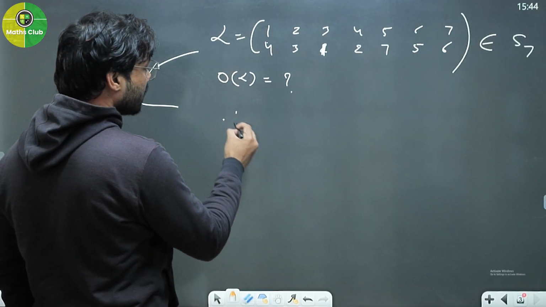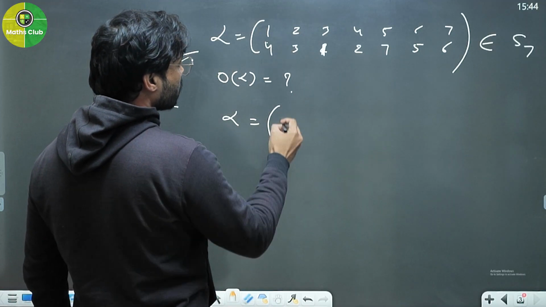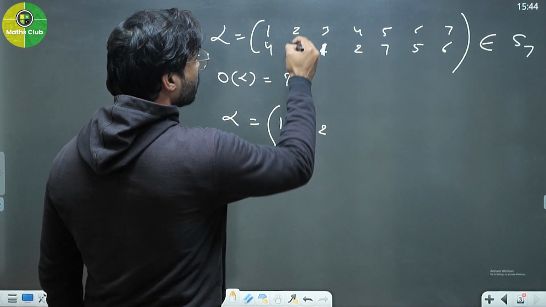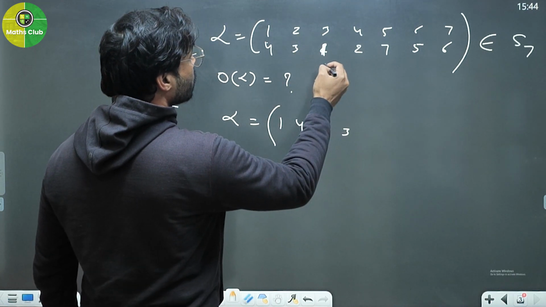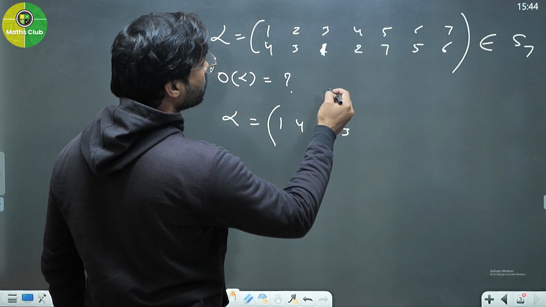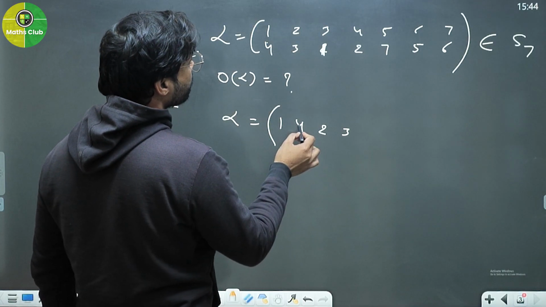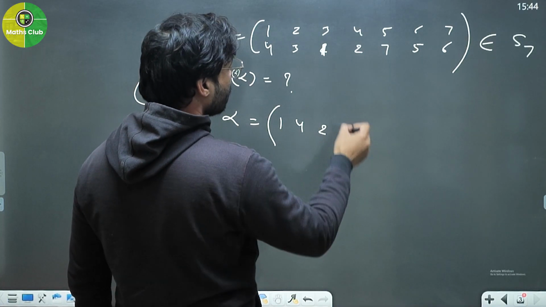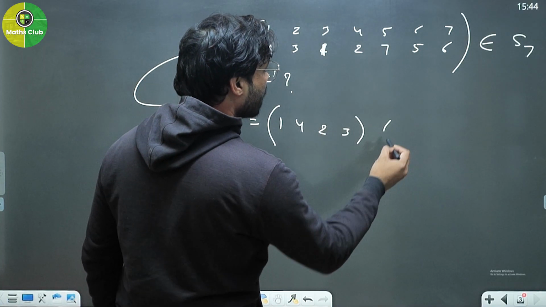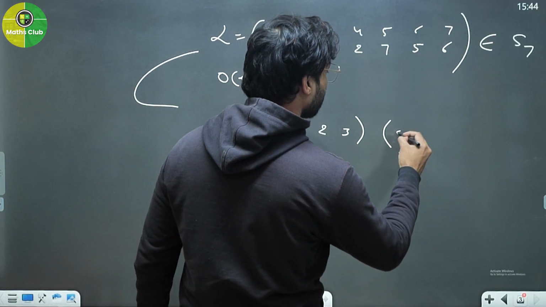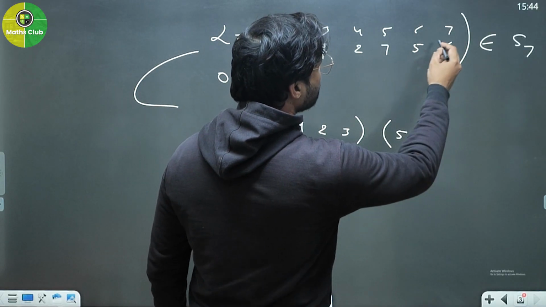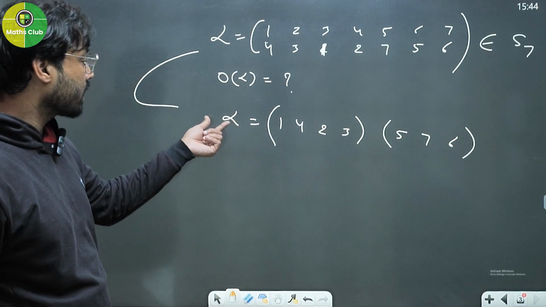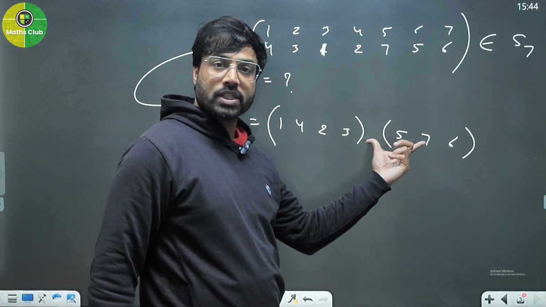So alpha can be written as: 1 goes to 4, 4 goes to 2, 2 goes to 3, and 3 goes to 1, that is the cycle (1 4 2 3). And 5 goes to 7, 7 goes to 6, and 6 goes to 5, that is the cycle (5 7 6). Alpha is a product of these two disjoint cycles.